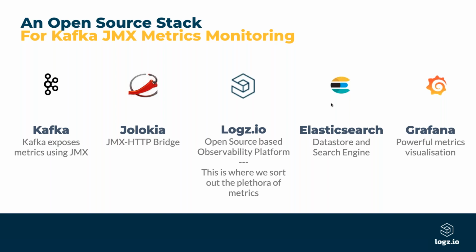On the left-hand side, we have the Kafka process. That's a Java process running on the JVM, which uses JMX. I use Jolokia, which is a JMX to HTTP bridge, to expose those JMX metrics in a more usable, HTTP-based format. I'll say a few words about this in the next slide.